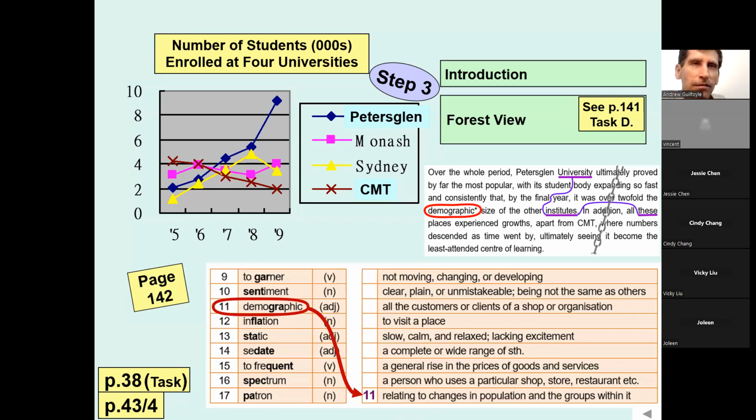Very good. Who's that? Jolene, is it? Yes. Well done, Jolene. So demographic size means number of people or number of students. So it's a cute word for numbers of people somewhere.